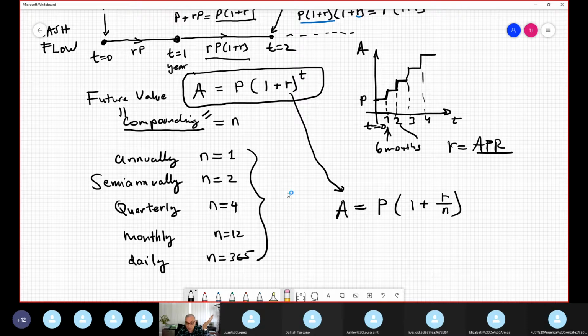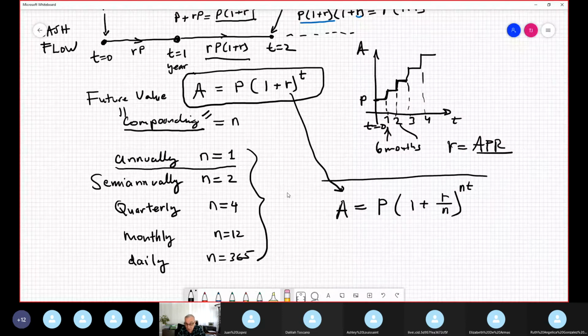And multiplication by the amount of steps that we have in our stairs, which is N times T. Not always T. T is under the supposition that compounding is 1, which is annually. But if compounding is not 1, then the formula is different.